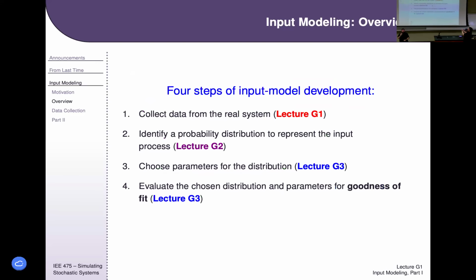And so with that motivation in mind, in this three-lecture unit, we're going to talk about how you collect data from the system. Once you have that data, how do you identify the right family or probability distribution to represent the shape of that data? And then once you're in the right family, how do you choose the right family member?